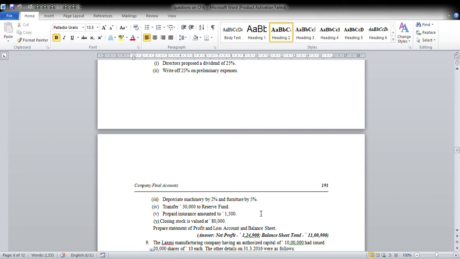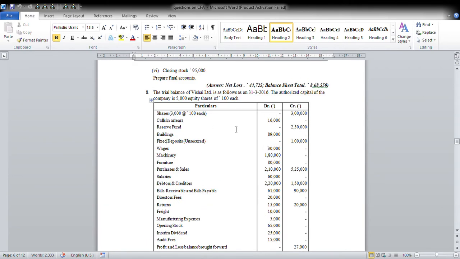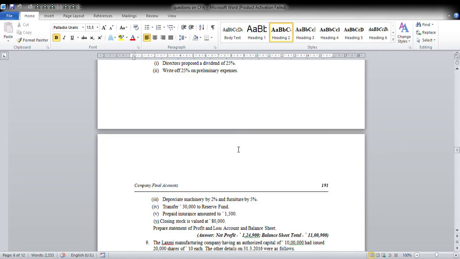Here you already have an existing reserve fund of 2,50,000. As you show this reserve fund under reserves and surplus, to this 2,50,000 add 30,000. Therefore your total fund will become 2,80,000 in the outer column.